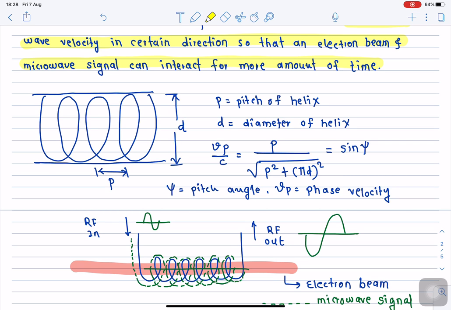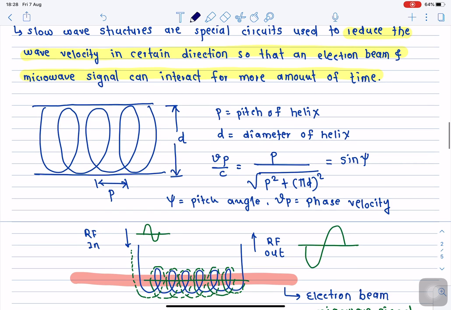For example, as an illustration, a slow wave structure is shown here in the form of a simple spring-like coil. So this is a slow wave structure, and essentially it is a spring-like structure. Slow wave spring structure, I can write. So here it is shown.